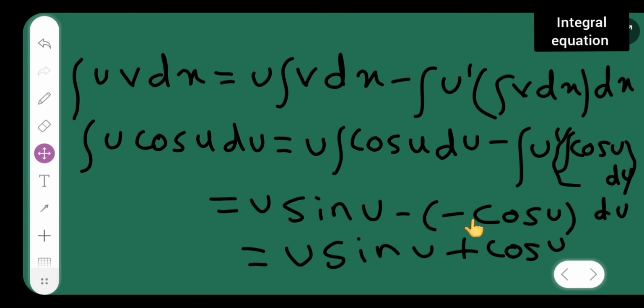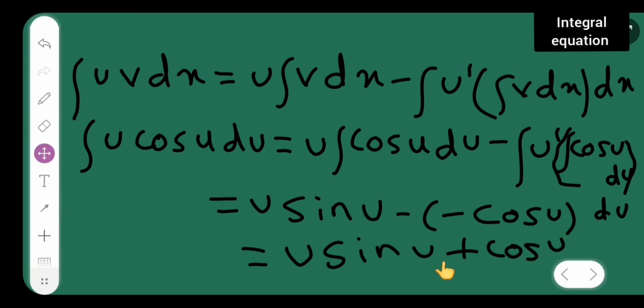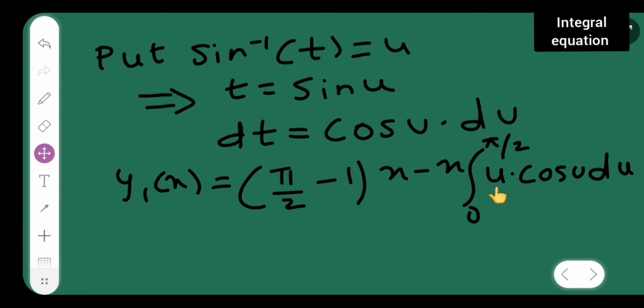Now minus and minus is plus, so u sine u as it is, plus cos u. So what I will get is u sine u plus cos u.